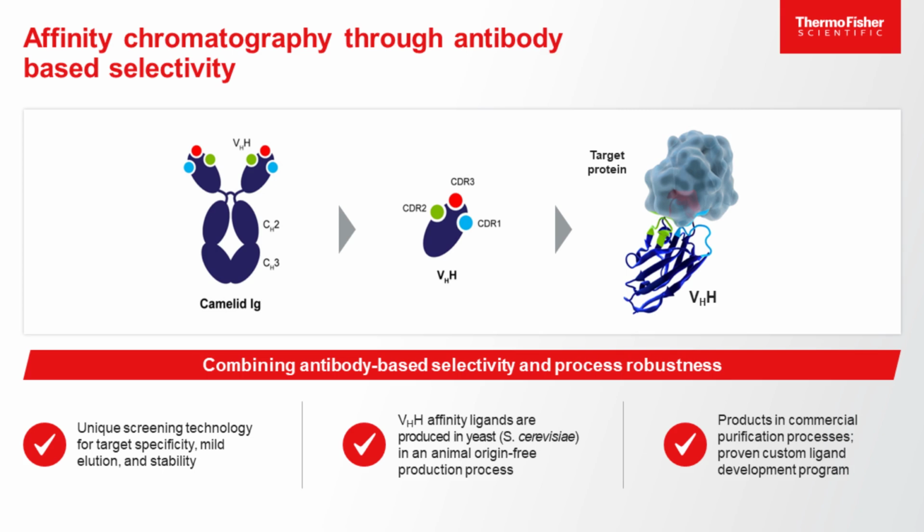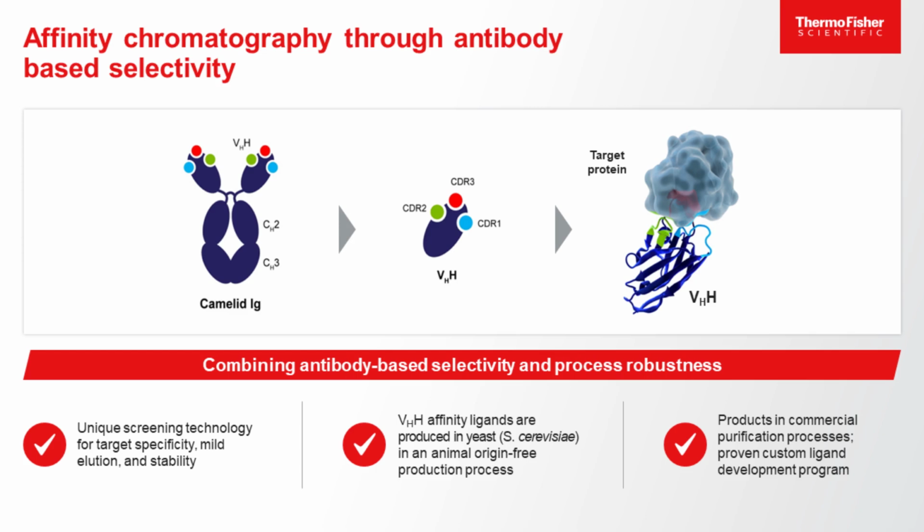Through our unique screening technology, we can include target specificity, mild elution, as well as stability of the affinity resin. Key in a lot of these applications is of course target specificity, but mild elution might also be really needed for specific targets.